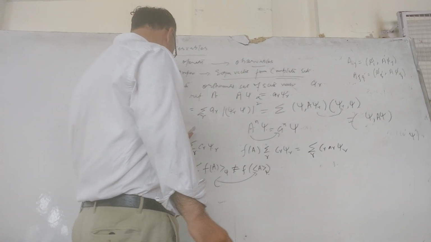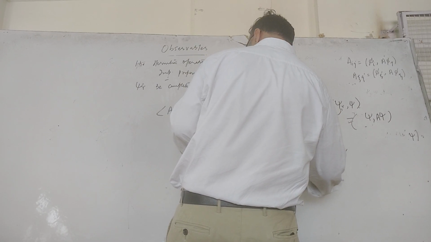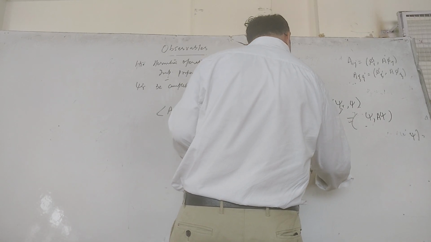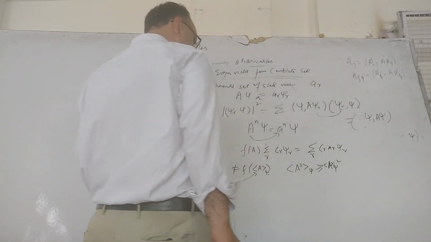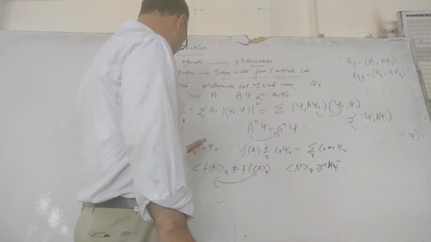And in fact, for Hermitian operators, the expectation of A squared is greater than the square of the expectation of A. The expectation of the square of the operator is always greater than the square of the expectation value of the operator.